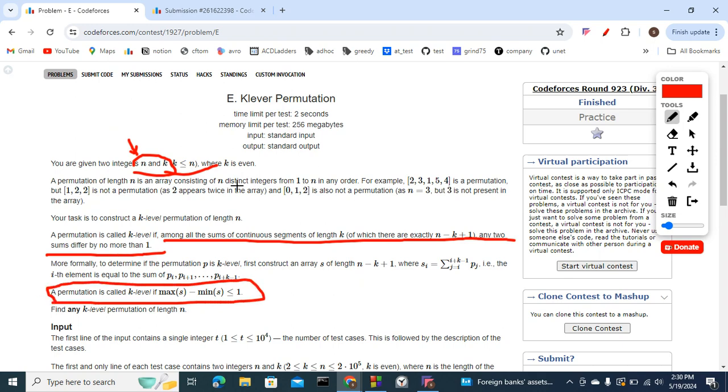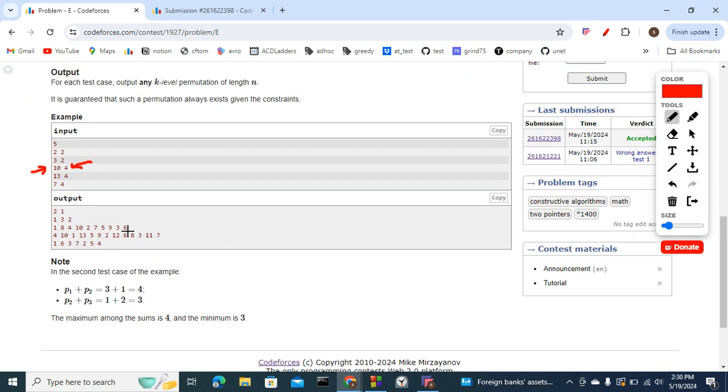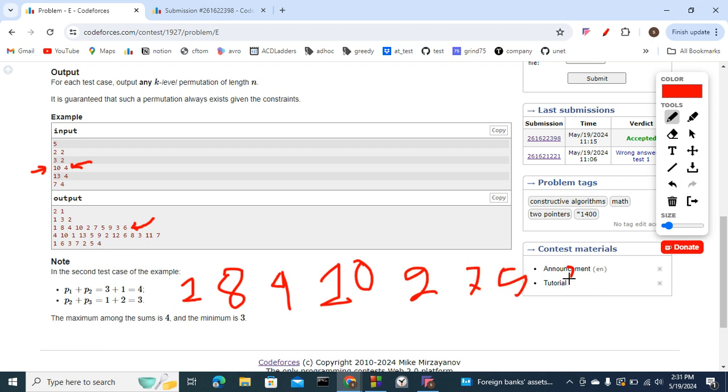Okay, now how to do it? Let's say n is 10 and k is 4. So the answer was this: 1, 8, 4, 10, 2, 7, 5, 9, 3, 6.